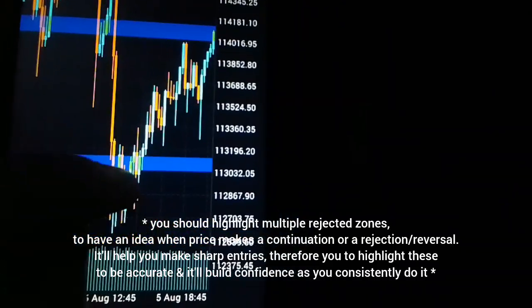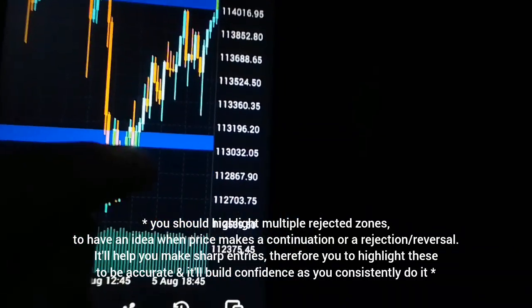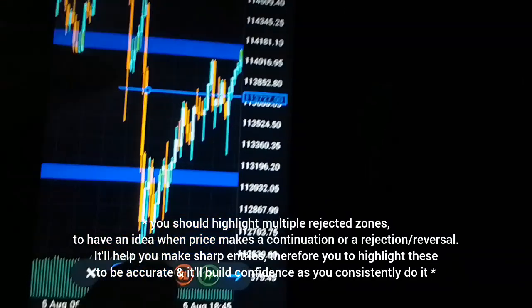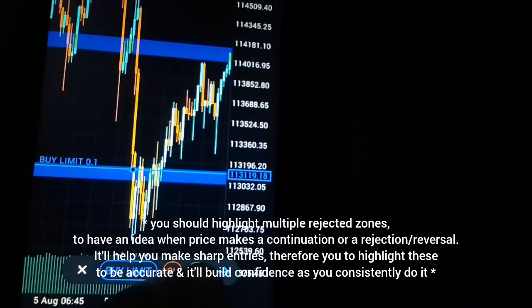Should price break above that sensitive level, you have by all means to engage in a trade, bro. You ain't gotta be sleeping on this.